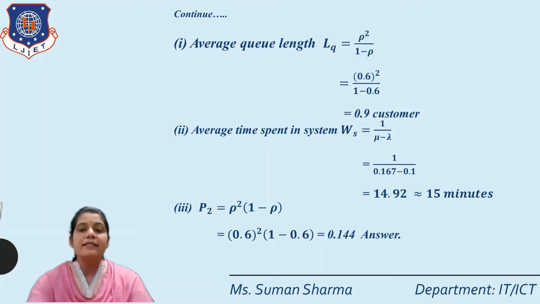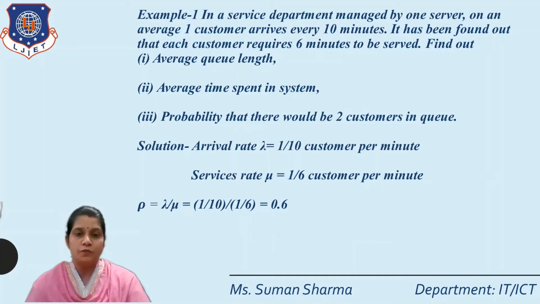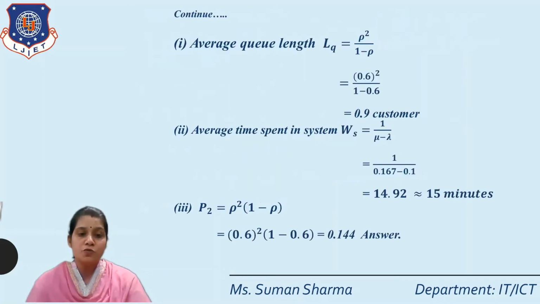Okay, our next term to find is the probability that there would be two customers in queue. So what is the formula for two customers or three customers or five customers in the queue? Always keep in mind the formula is P2, because of two customers in the queue.